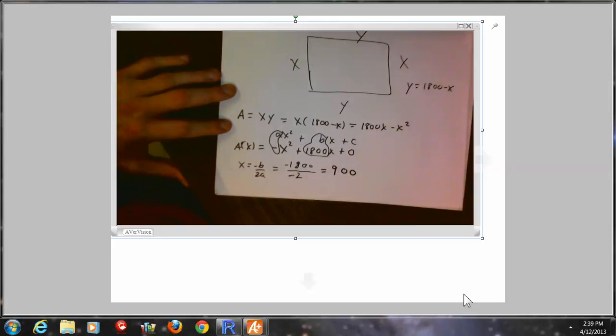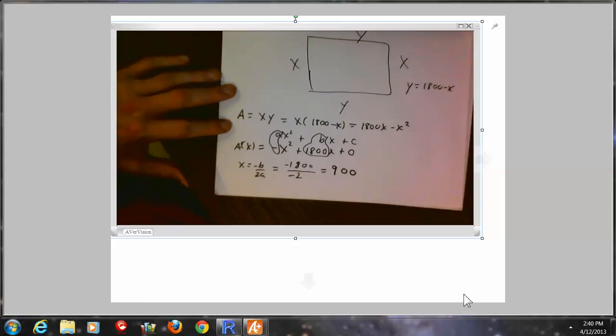Okay? So we have the x value is equal to 900. That's going to be the x coordinate.